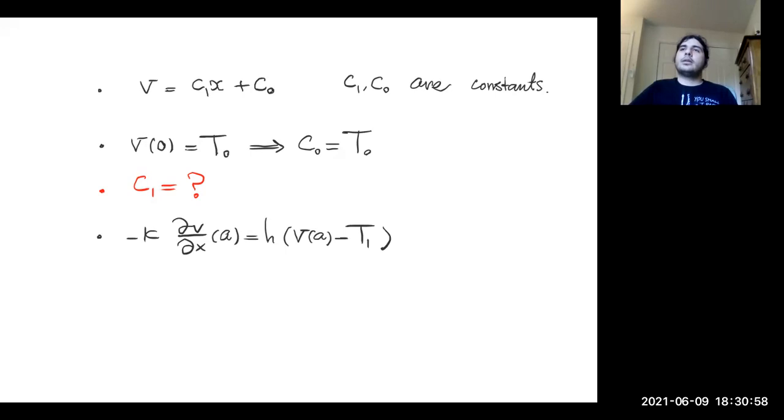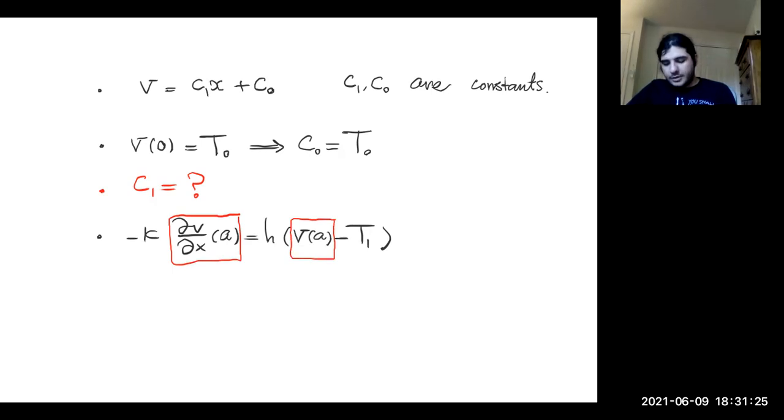What can we do here? Does this equation tell us the value of c1? Can we find c1 by just looking at this equation? Well, let's see. Here we have two terms which contain v. One of them is this one, the other one is this one.